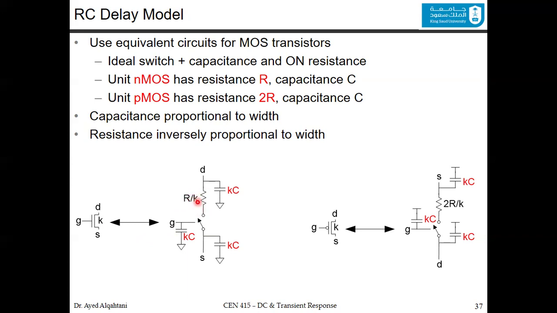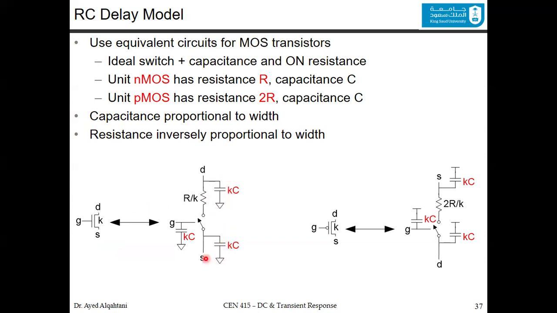Now, if we do the same for the PMOS, similarly we can do the same for the capacitance, but the capacitances are now connected to VDD. Here they are connected to the ground in the NMOS because the NMOS is in the pull down network. If the pull down network has a path to the ground, then all the capacitance should be discharged.